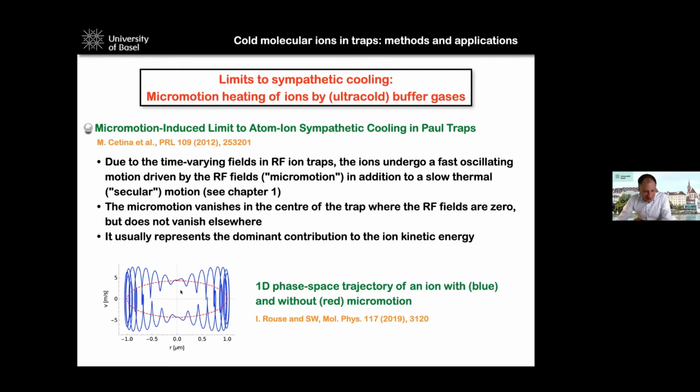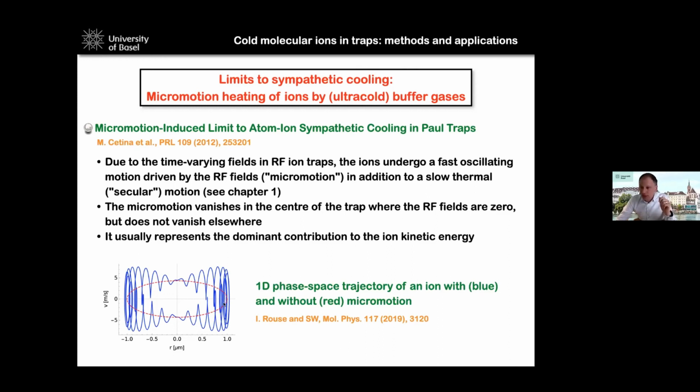We've encountered the phenomenon of micromotion already several times, so let me just briefly remind you what this is all about. We have an ion in the RF trap, and you can decompose the motion of such an ion into two components. Secular motion, which you can think of as the thermal motion of the ions in the effective potential of the ion trap, but superimposed on that, you have the micromotion.